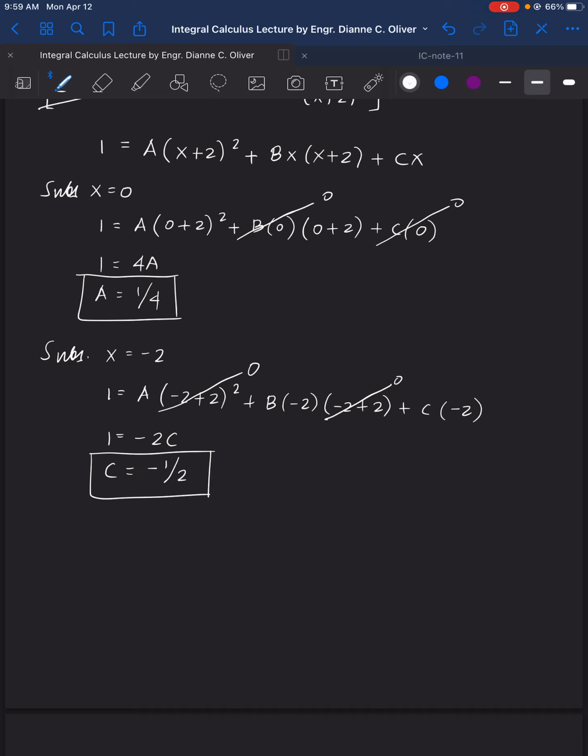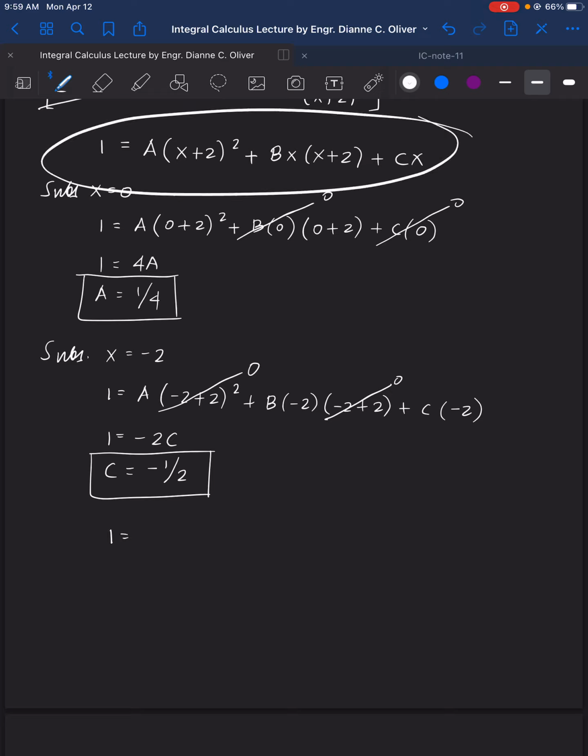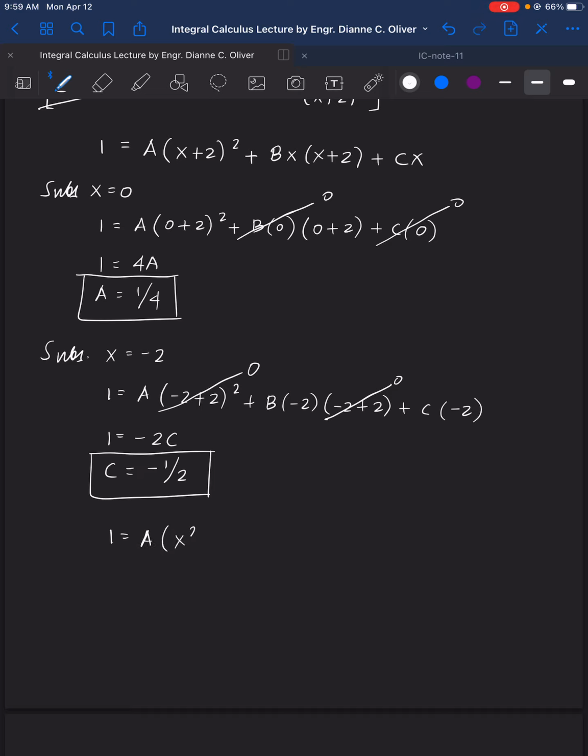Then, to get the value for b, we cannot use substitution. Rather, we can just use the method of equating coefficients. So, let's distribute. We have here 1 is equal to, from this, let's distribute a. This is a times x squared plus 4x plus 4, plus bx squared plus 2bx, plus cx.